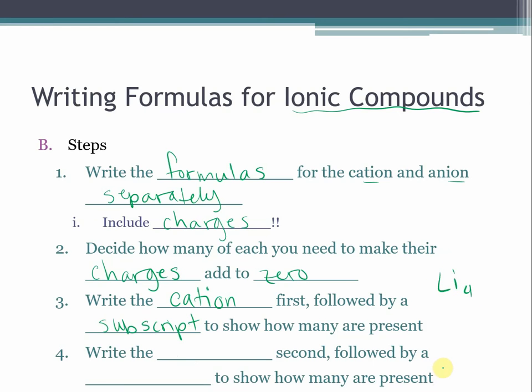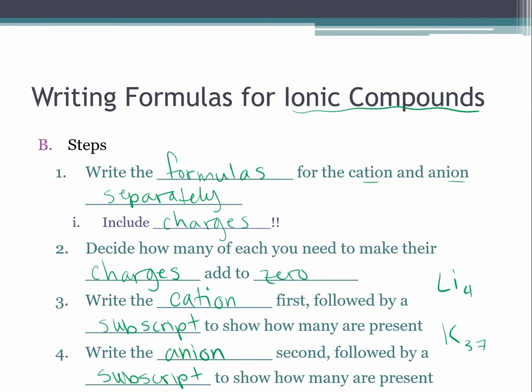If you need 37 potassiums, which you won't, but if you did, you would write K and then 37. So you'll write your cation and then you will write your anion second. That'll be your nonmetal or maybe a polyatomic ion, and then you will follow that with a subscript to show how many of your anions are present.